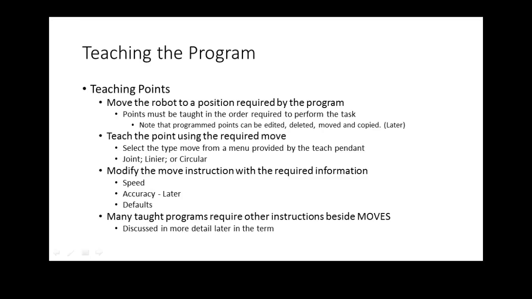That comes into play with jogging. We have 3 types of move instructions at least. Some of them support more, but every one of them supports these. One of them is called an uncontrolled path move. 2 of them are called control path moves. Linear and circular are control path moves. Joint moves are what we call uncontrolled path moves.